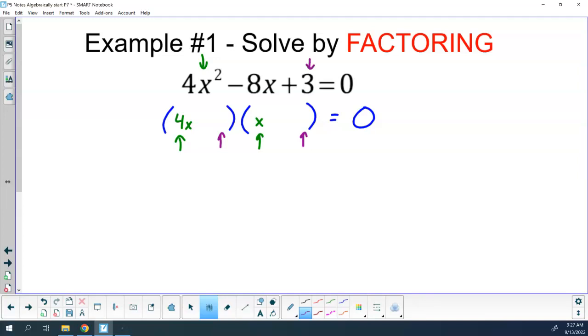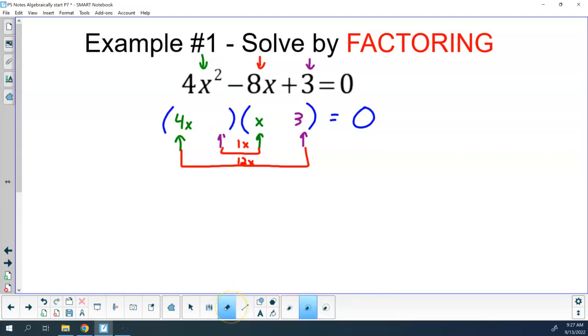So I'm going to go 1 and 3. And then the crazy combination here and here has to add up to be that one. So this would be 1x. This would be 12x. Is there any combination from 1x and 12x that I can get 8x? No. So that means I've got to check something different.